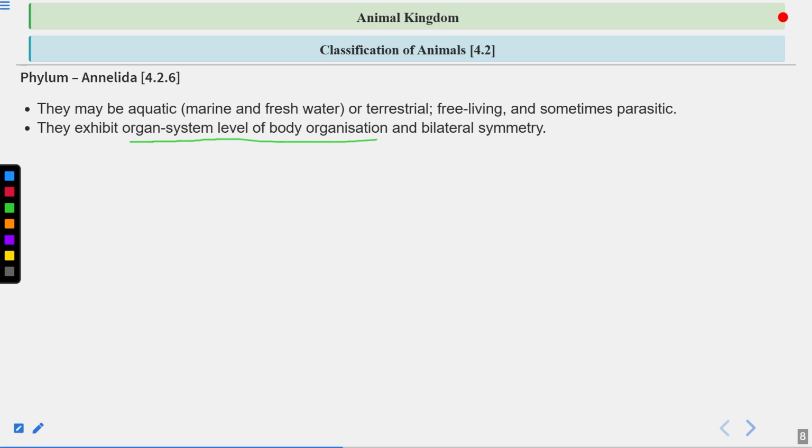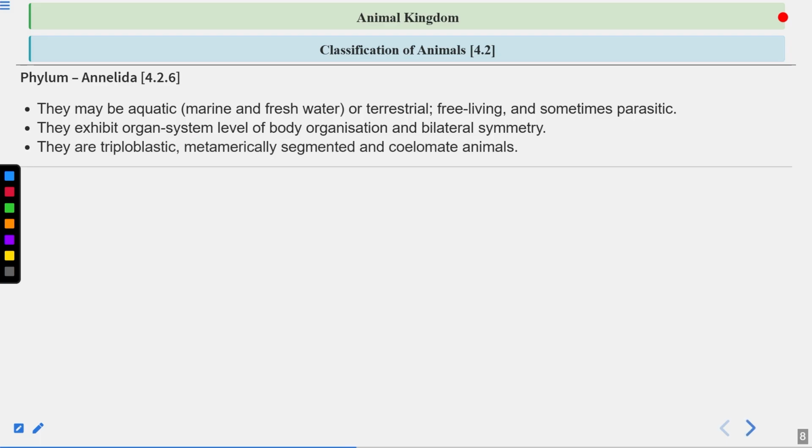This is quite an advanced feature. Bilateral symmetry: if you divide the organism passing through its central axis, there is just one plane through which the organism can be divided into two equal halves, right half and left half, and they are mirror images of each other. That is called bilateral symmetry that we see in Annelida.